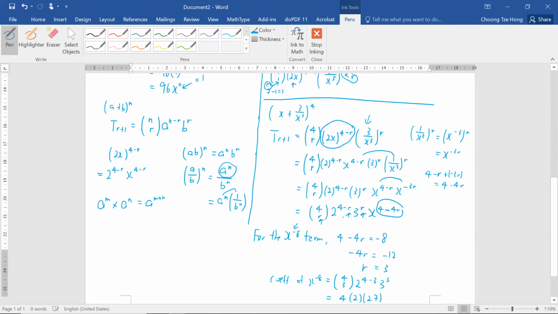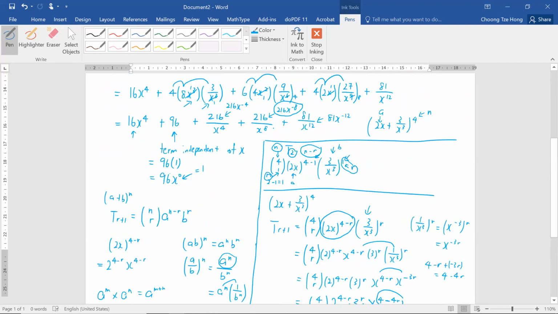So you can see indeed the coefficient of x to the power of minus 8 is 216. You can also go and try on the minus 12 and see whether you get coefficient 81, and so on. Alright, so I hope this clarifies the term independent of x, what it means, and also helps you understand better the formula for the general term of a binomial expansion.